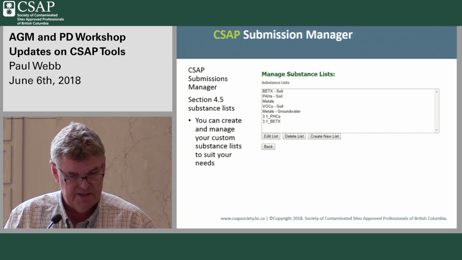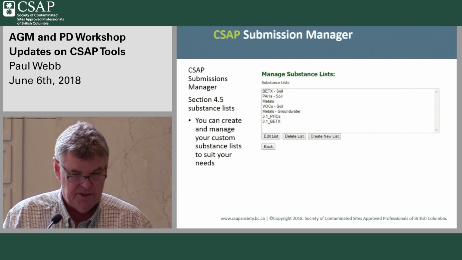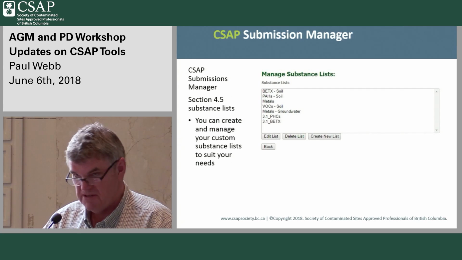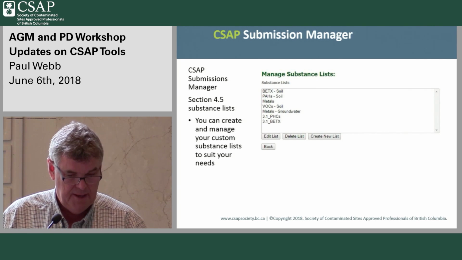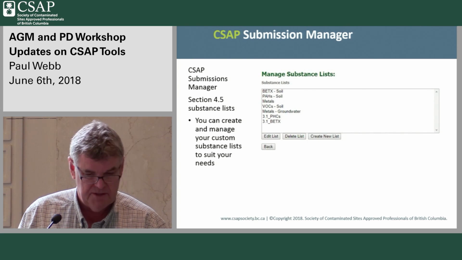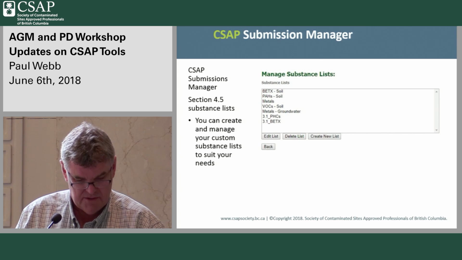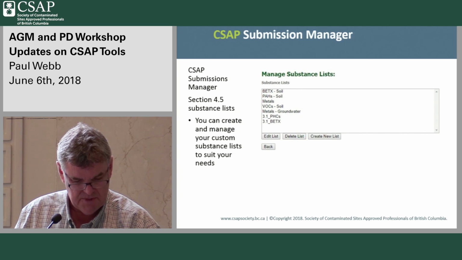You can manage those lists, so you can call them whatever you want. You can have BTEX for soil, BTEX for water, BTEX for vapor, 3.1 petroleum hydrocarbons, however you want to name them and manage them. So you can edit them at any time as well.